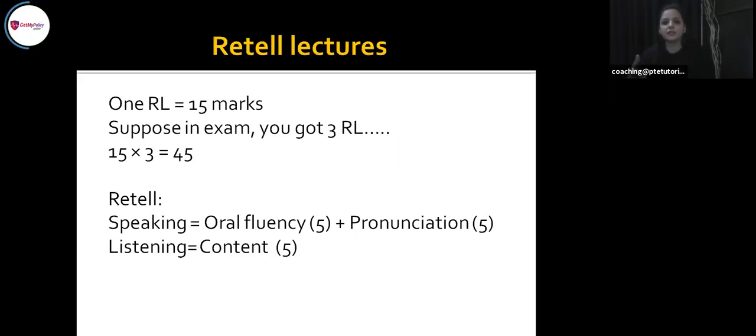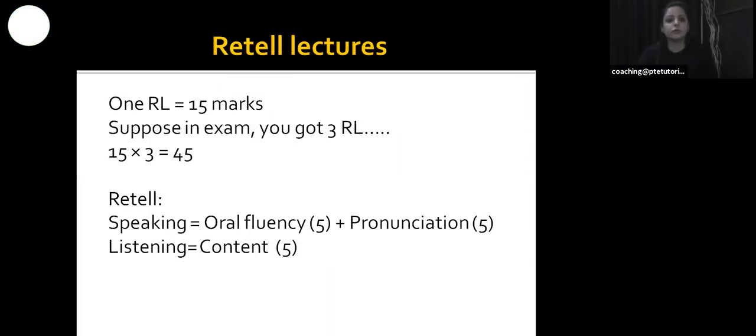I usually say this thing that pronunciation and content are a couple. How will the software get to know that, okay, Shruti has spoken these many keywords? When scanning is going on, remember one thing. If I'm pronouncing the word correctly, only then will the software understand that this was the keyword she used in her retell lecture.